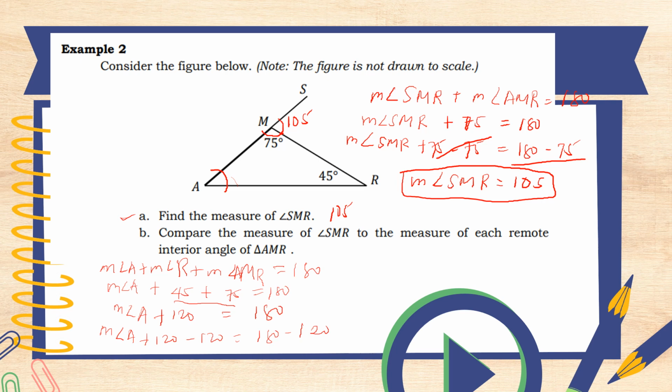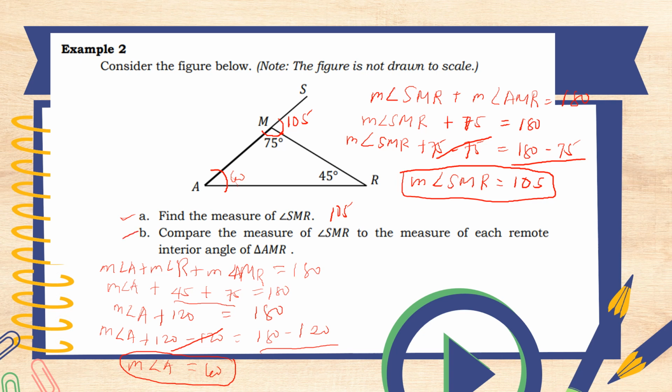And then by using identity, 120 minus 120 is 0. So the measure of angle A is equal to, let's simplify 180 minus 120, 60.